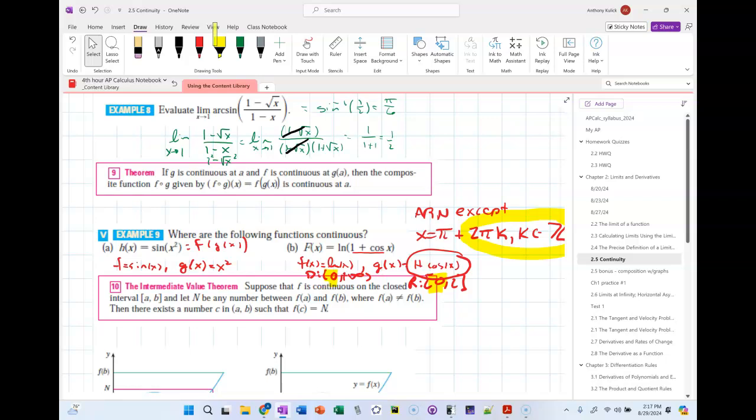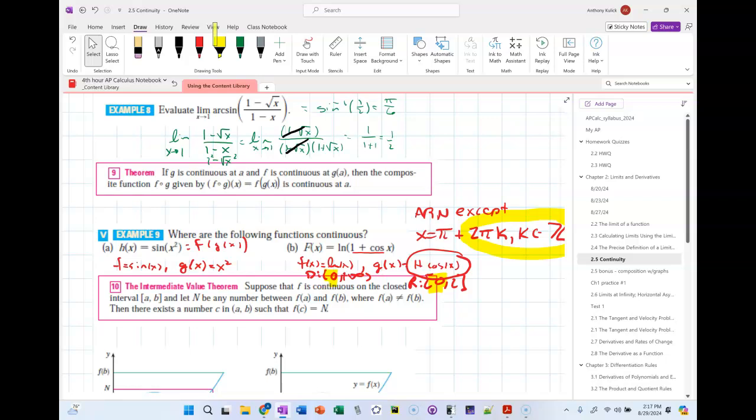Yeah. Okay. In part B, the domain for f is restricted. It's just 0 to positive infinity. So not every output for g I'll be able to plug in necessarily, right? So let's look at g. Any x I can plug into g, that was continuous or had domain all real numbers.